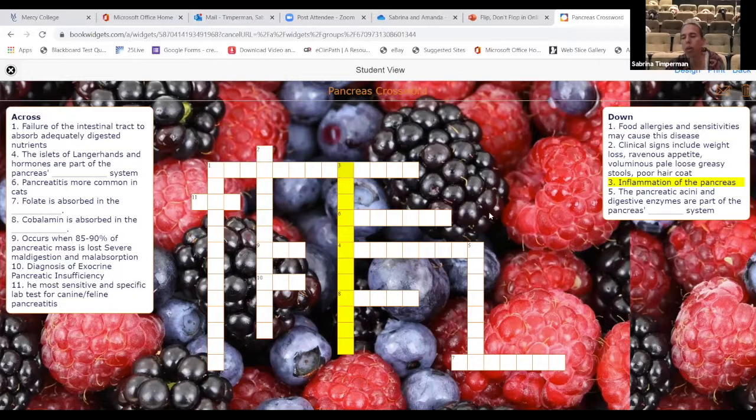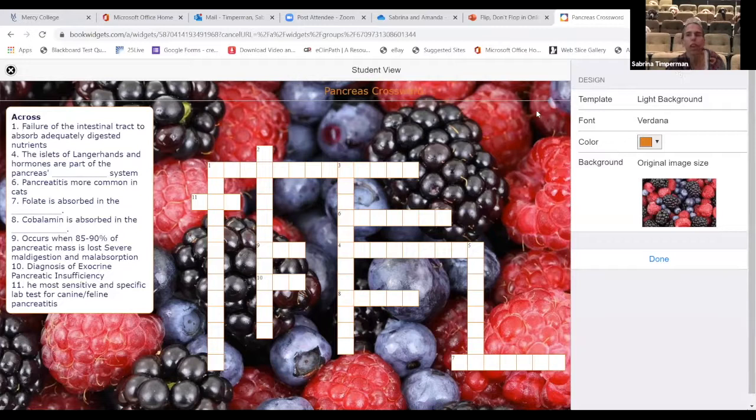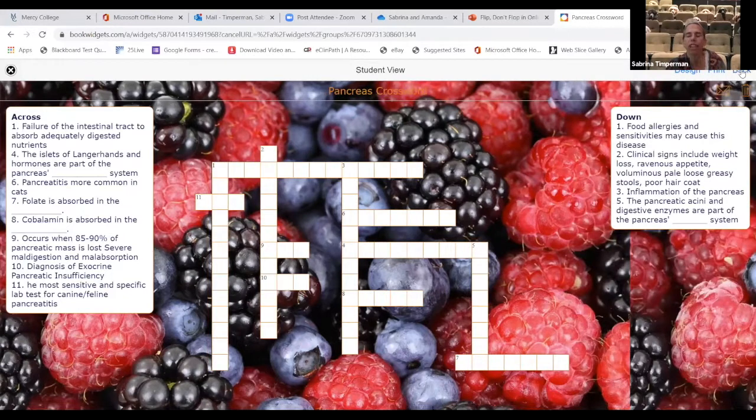And then again, they put all their answers in, and then I get a form back that says if it's correct or not. They email it to me and they send it back. There's all sorts of different widgets that you can do. You can design the background and do all sorts of different things with it. But again, it has a lot of flexibility and a lot of different things that you can do.